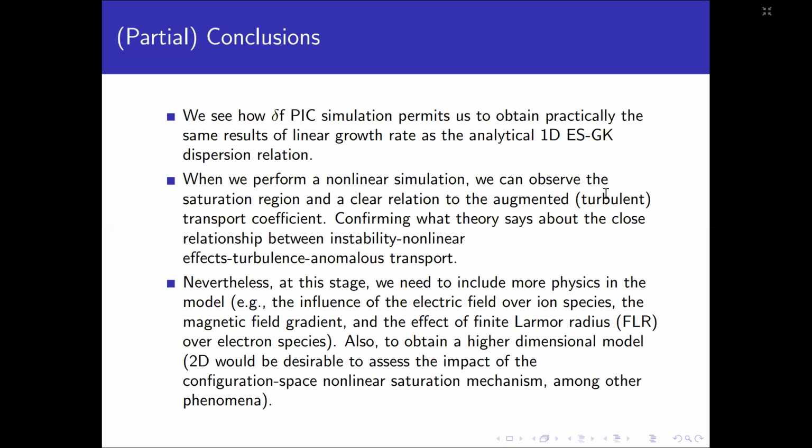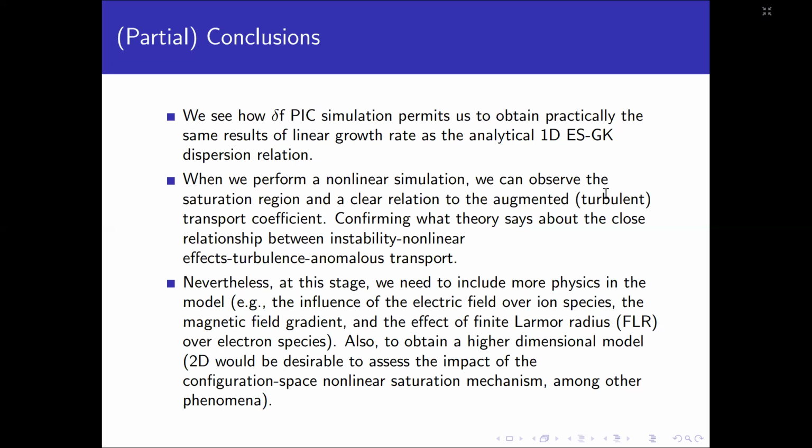Also, when we perform a nonlinear simulation, we can observe the saturation region and a clear relation to the augmented turbulent transport coefficient, confirming what theory says about the close relationship between instability, nonlinear effects, turbulence, and anomalous transport. Okay?